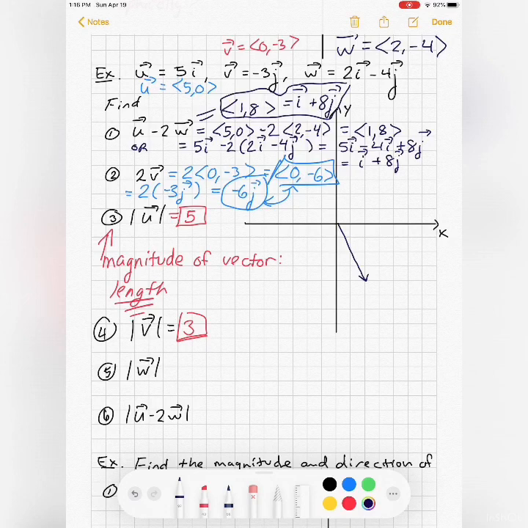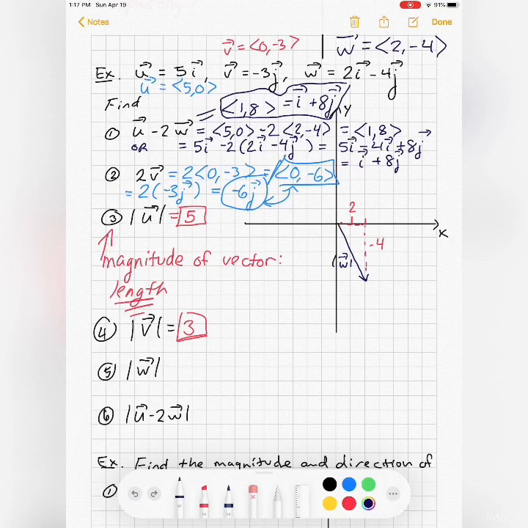There's the terminal point, there's the vector W. Okay, so with that guy, in order to find the magnitude, really what I would have to look at is the right triangle formed here. And I would actually use the Pythagorean theorem, because what I'm looking for is the length of this vector here.